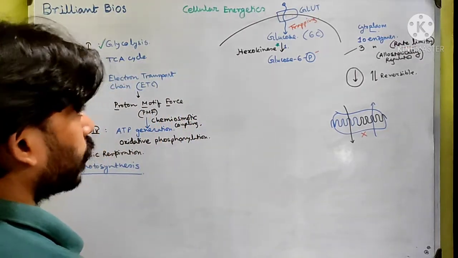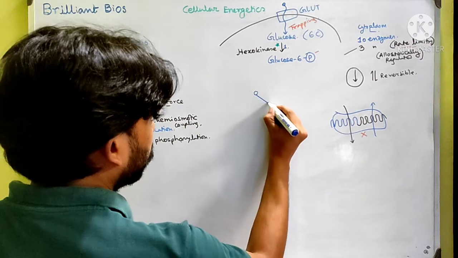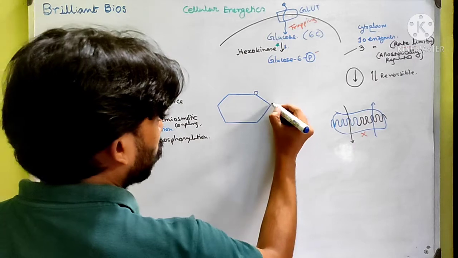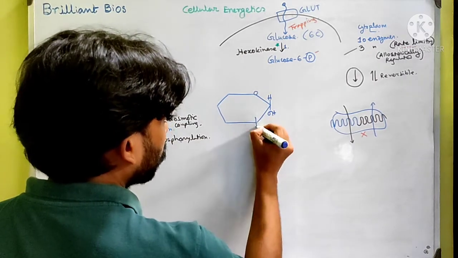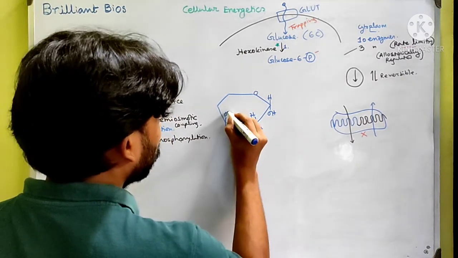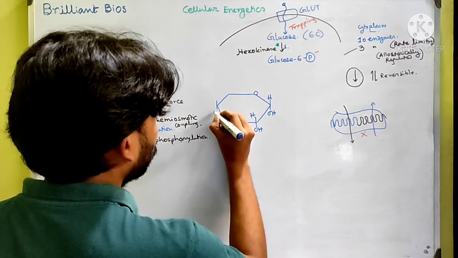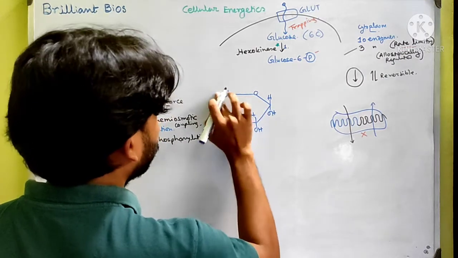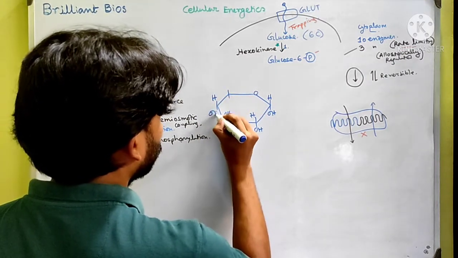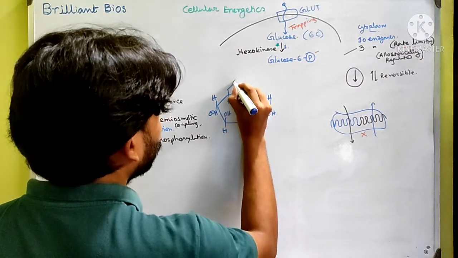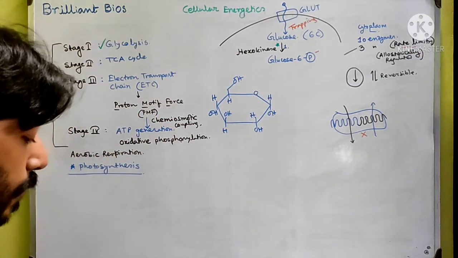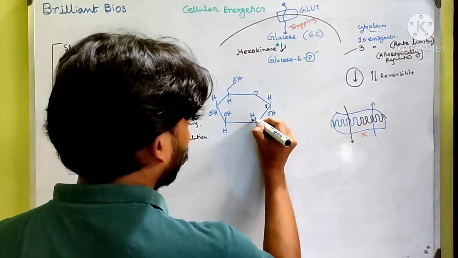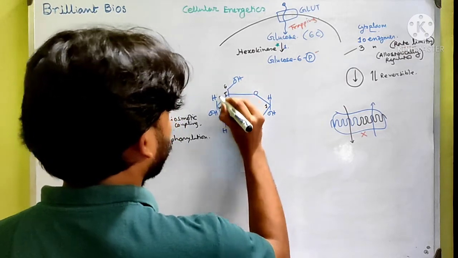I can draw the structure of a glucose so you can understand. So this is basically a structure of glucose. I can write the carbon 1, 2, 3, 4, 5 and 6.